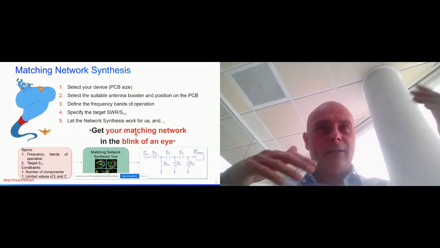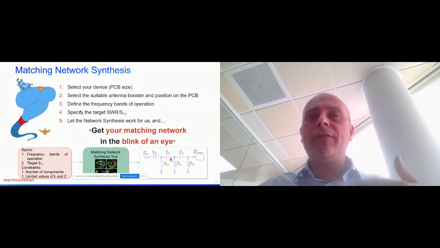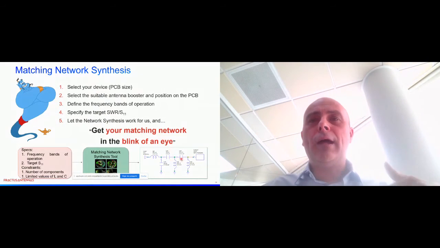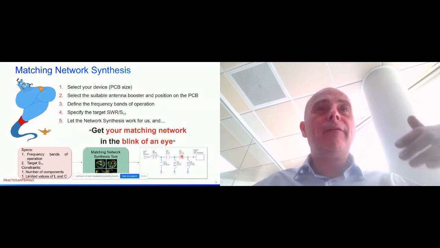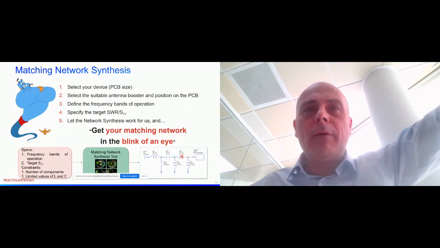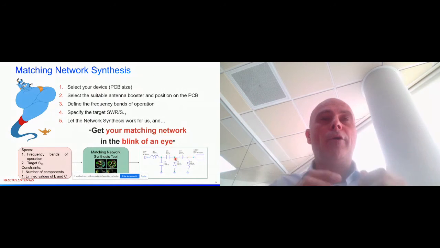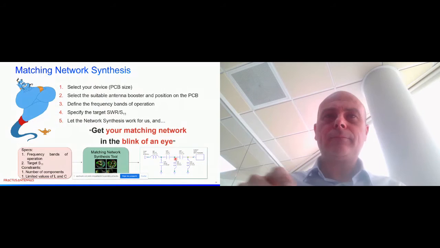And using artificial intelligence, some kind of genetic algorithms, in return, it gives the topology of the matching network, the values, and even if you want to use a particular vendor, Murata, Coilcraft, whatever, you can also decide which vendor, and in return, it gives you the components that you can use for future testing.